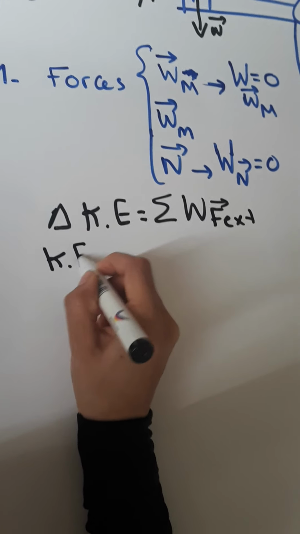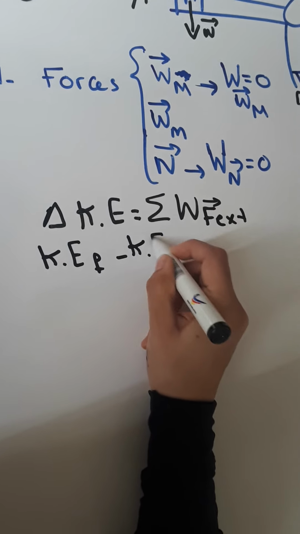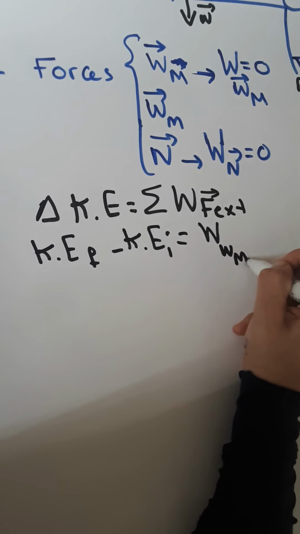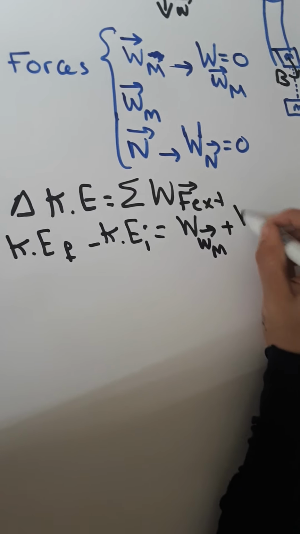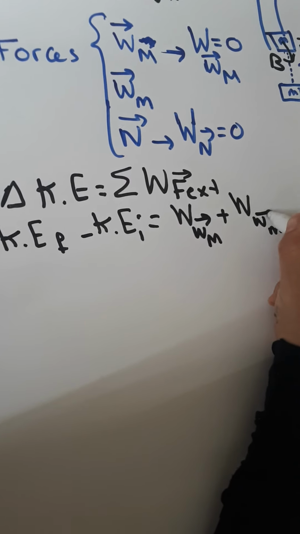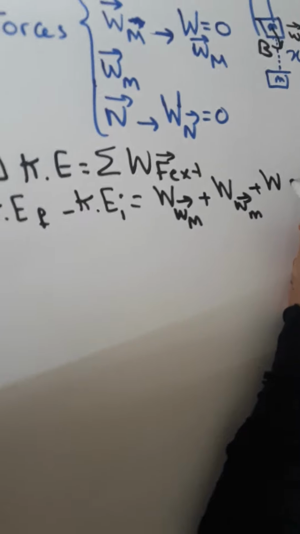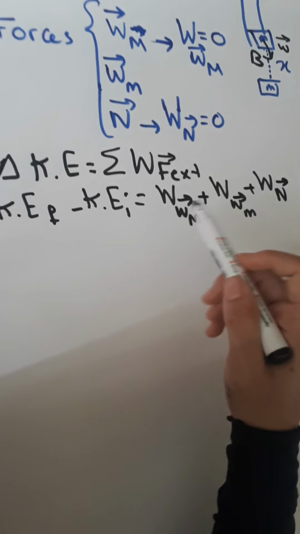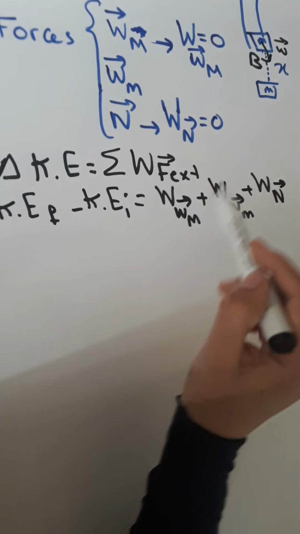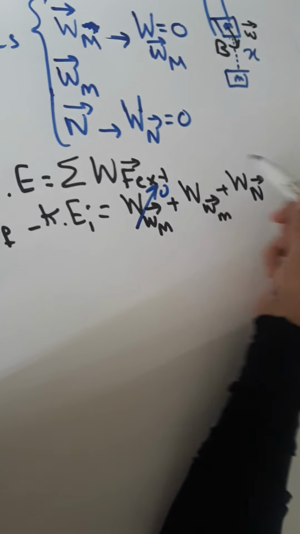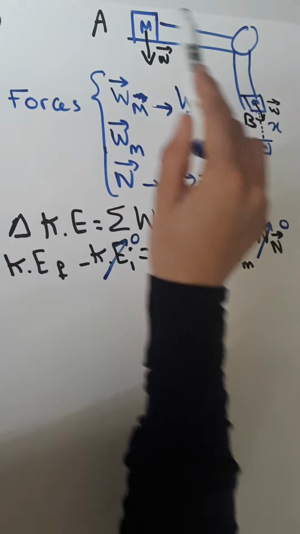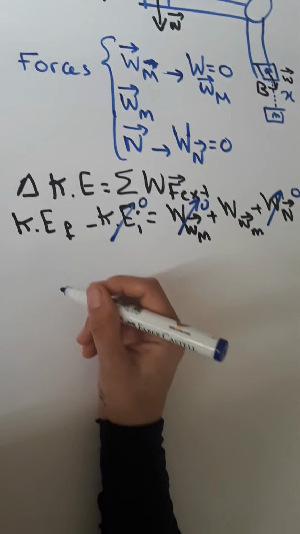Here, kinetic energy final minus kinetic energy initial is equal to the work of the weight of the bigger mass and the work of the weight of the smaller mass and the work of the normal. You see, I can't just start applying here. I have to do this analysis before. So this is 0, this is 0, and this is 0. Why? Because the speed is 0 at the beginning.